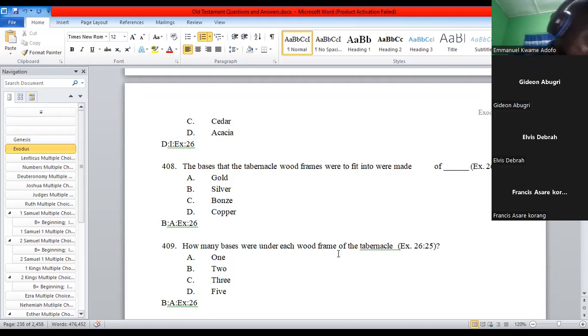The 8 was there: there shall be 8 frames with silver bases, and 16 bases. 2 bases under one frame and 2 bases under another frame. So under each of the frames, it will be 2, 2, 2, 2. Do you understand it now?